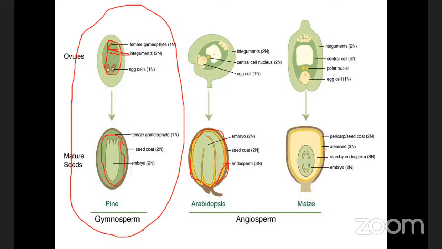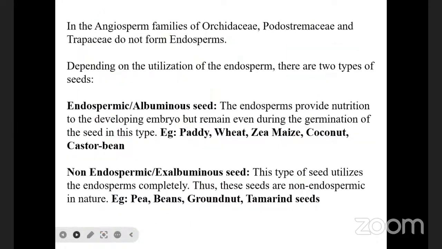You see the endosperm layer in the monocot and dicot of angiosperms. That's why it is triploid in angiosperms, haploid in gymnosperms. That is the reason.